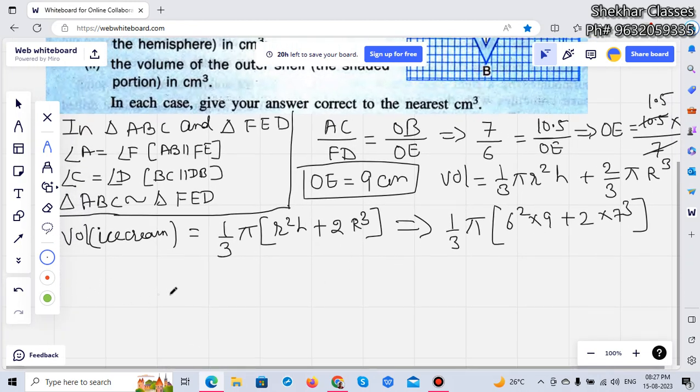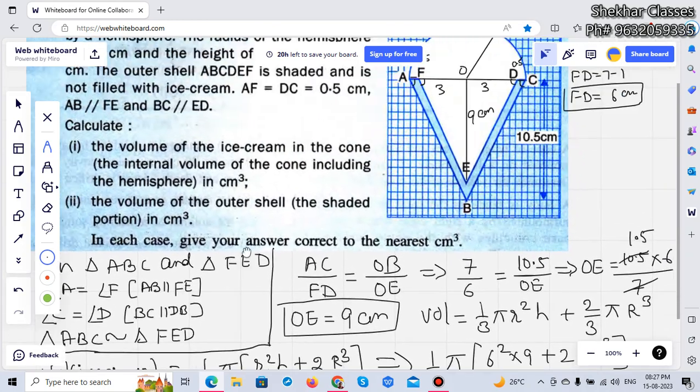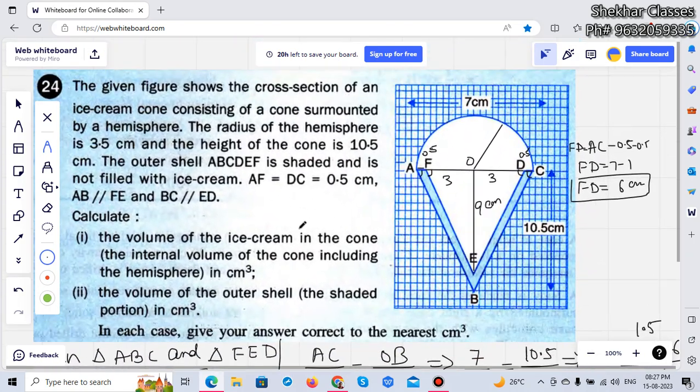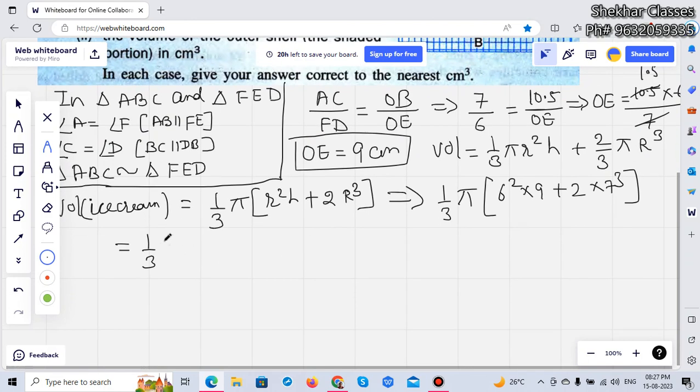So we find the volume as 1 upon 3, and remember we have to use 3.14, or if it is not mentioned we have to use 22 upon 7. This is not given, so we use 22 upon 7. So into 22 upon 7, and inside we get 6 square is 36 into 9, plus 2 into 7 cube. 7 7s are 49, and 7 49s are 343.